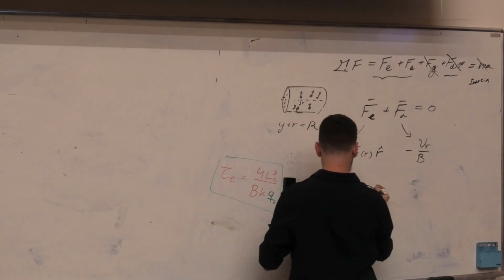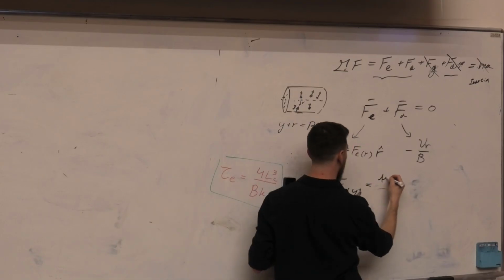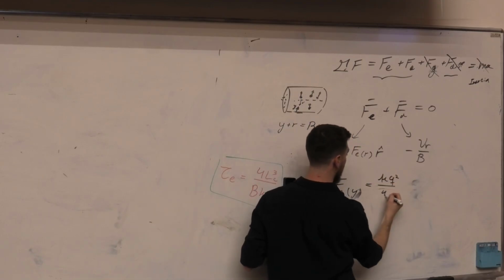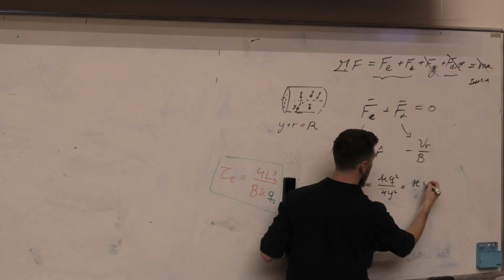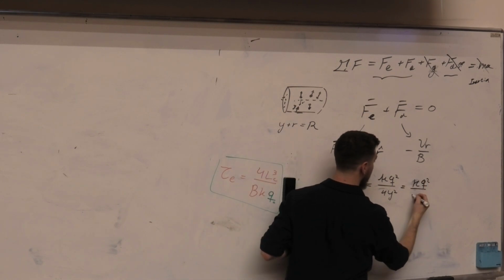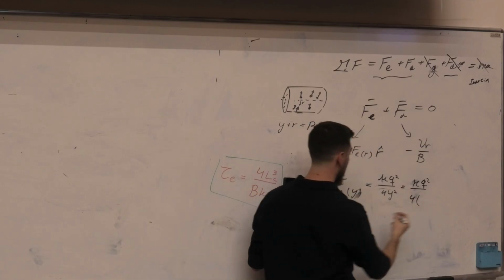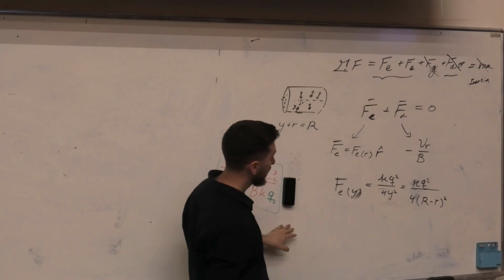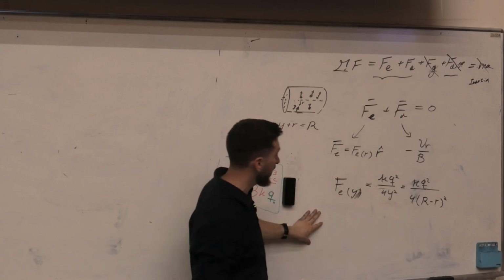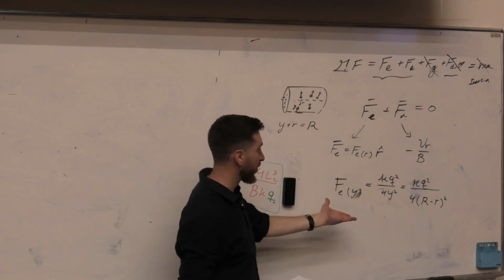So it behaves like K Q squared over 4Y squared, right? And I want to change it into the radial coordinate. So this is R minus R, right, squared, right? This is the equation, and you see that this doesn't hold.